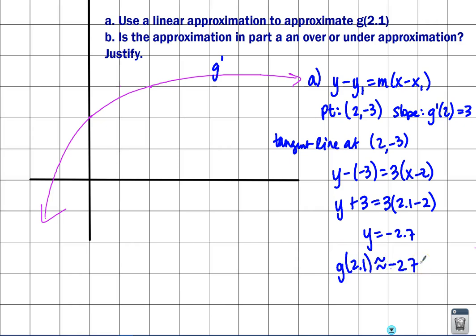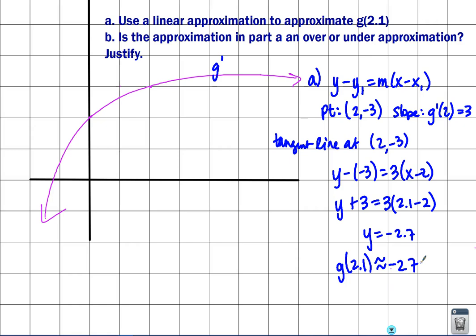I don't know if that's exactly right. I also don't care if it's exactly right, because we're trying to just find an approximation, okay? I'm approximating what I think could be the answer based on what's happening at a point that's pretty close to it, and because I have the slope at that point that's pretty close.